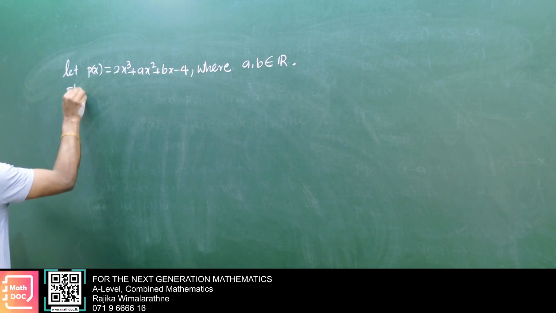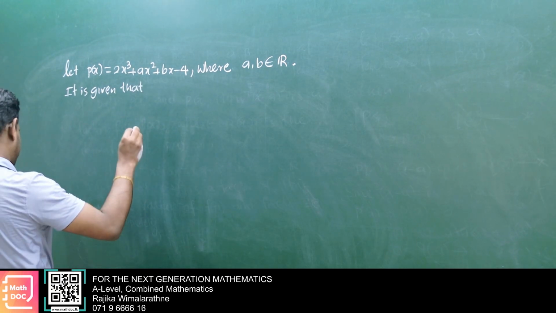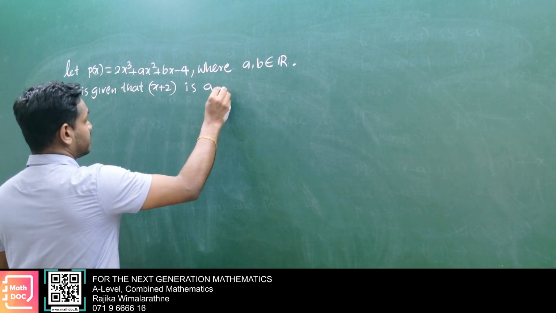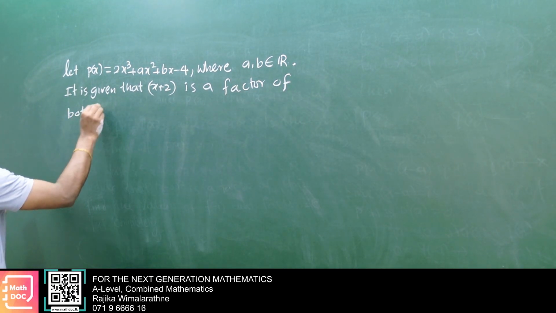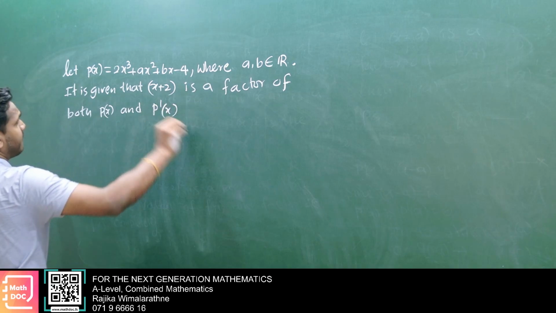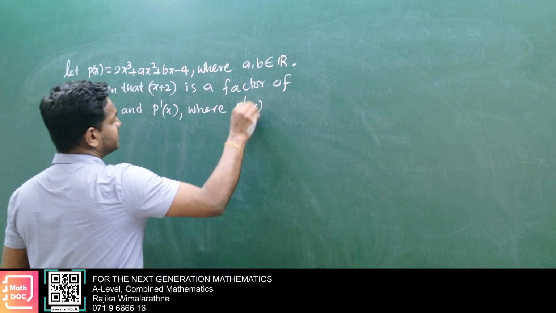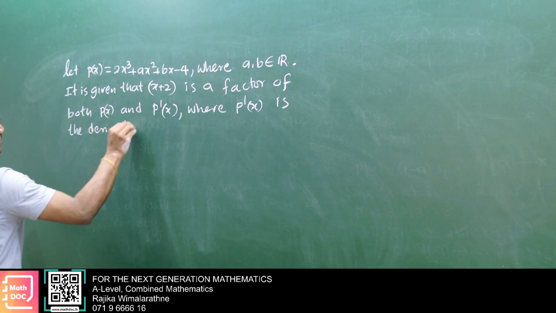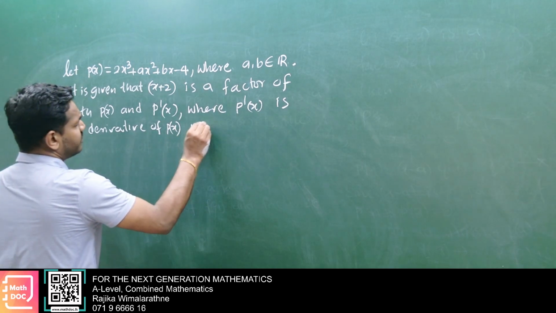It is given that x + 2 is a factor of both P(x) and P'(x), where P'(x) is the derivative of P(x) with respect to x.